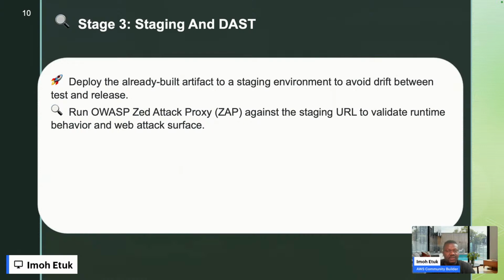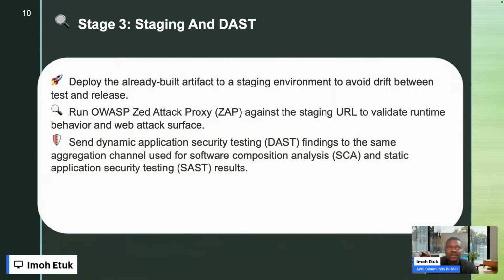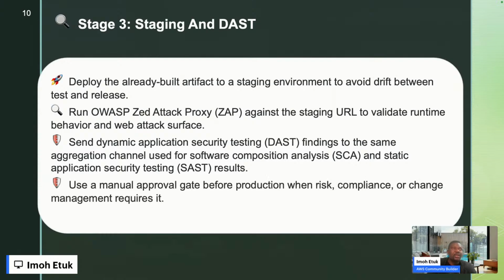Attack surface means what is exposed when someone reaches your application externally, and this person might be an attacker who can interact with your application somewhere. You should also send dynamic application security testing findings to the same aggregation channel used for software composition analysis and static application security testing results. Use a manual approval gate before prod when risk, compliance, or change management requires it.